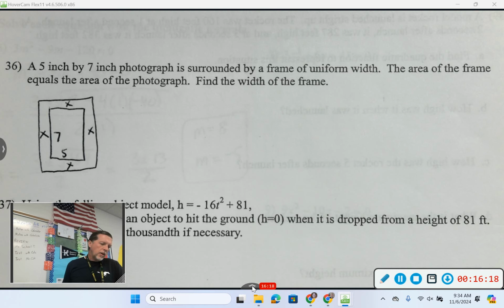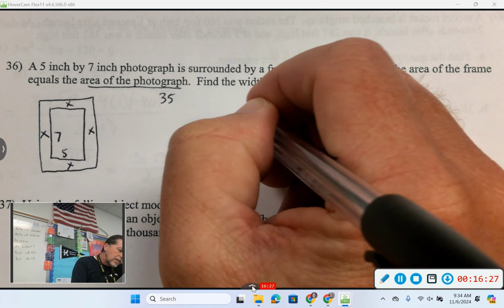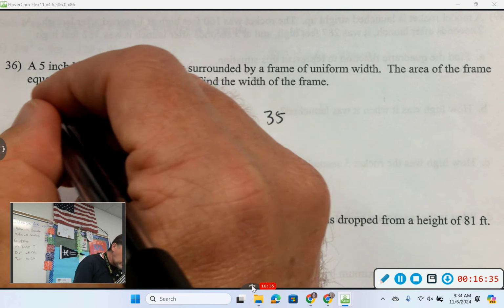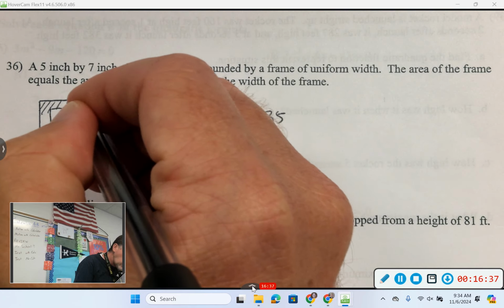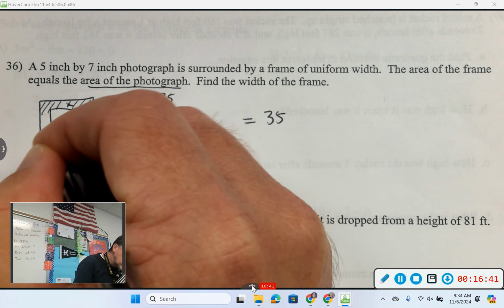The area of the frame equals the area of the photograph. Oh, well that's 35. I'm good with that. So something equals 35 because that's the inside area. But now I need to come up with some expression for all that area.